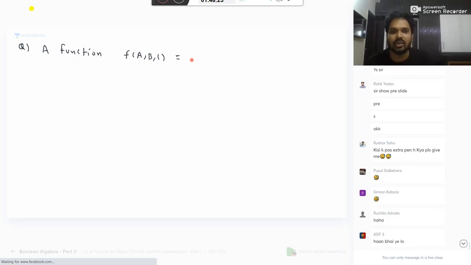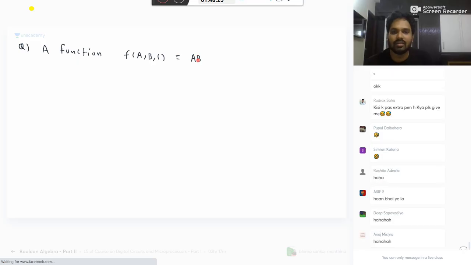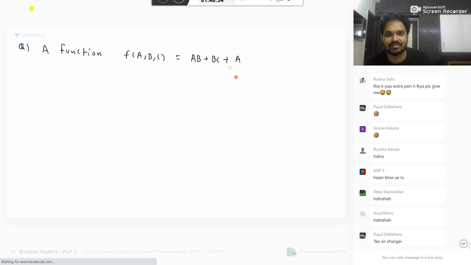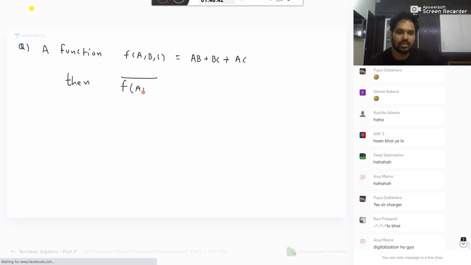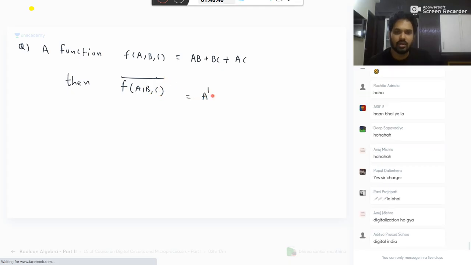F of ABC equal to AB plus BC plus AC, then F bar of ABC equal to A bar B bar plus B bar C bar plus A bar C bar.